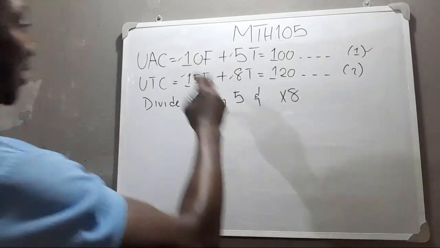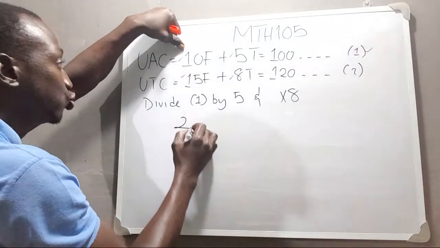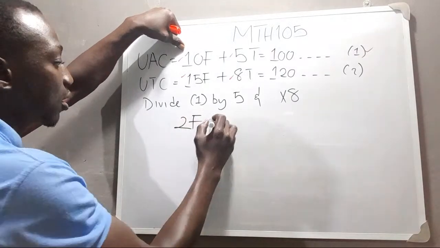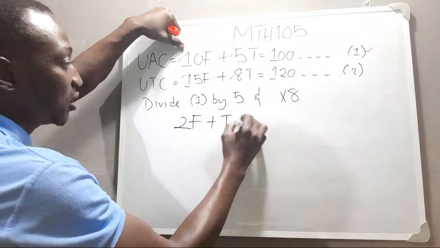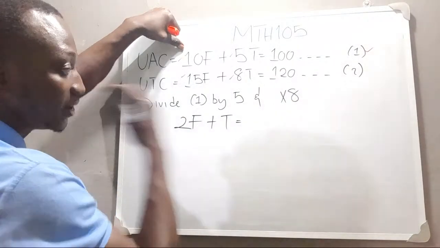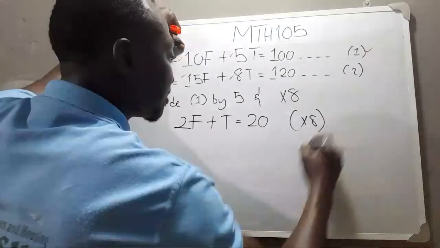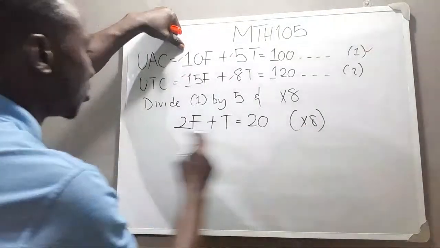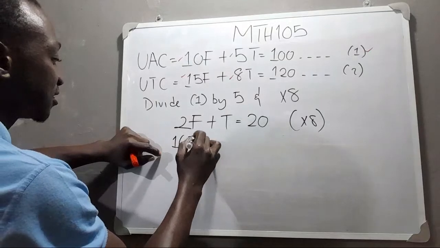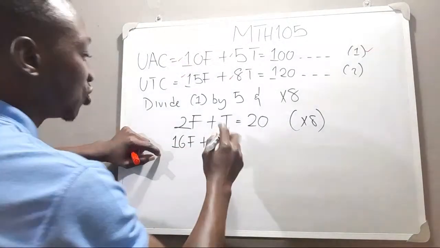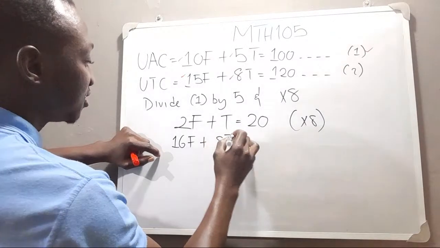Now how do we do that? Now this is equation 1. 10 divided by 5 gives us 2, which is 2f, plus 5 divided by 5, that's just t. 100 divided by 5, that should be 20. Now let's multiply by 8. 8 multiplied by this one should give us 16f, plus 8t.